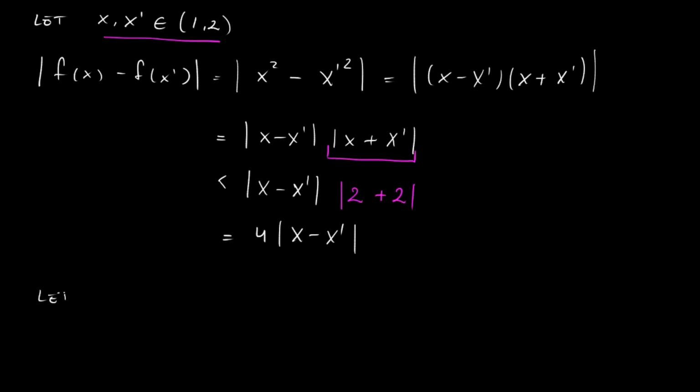So now, we let epsilon be a number greater than 0. And we are going to take delta to be epsilon divided by 4.